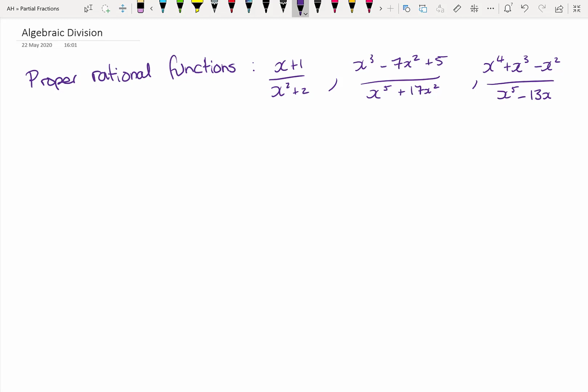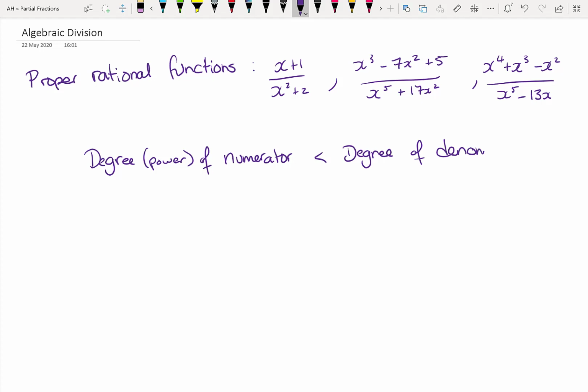In order for it to be a proper rational function, the degree, okay, we were talking about the degree, we just mean the power of the numerator needs to be less than the degree of the denominator.